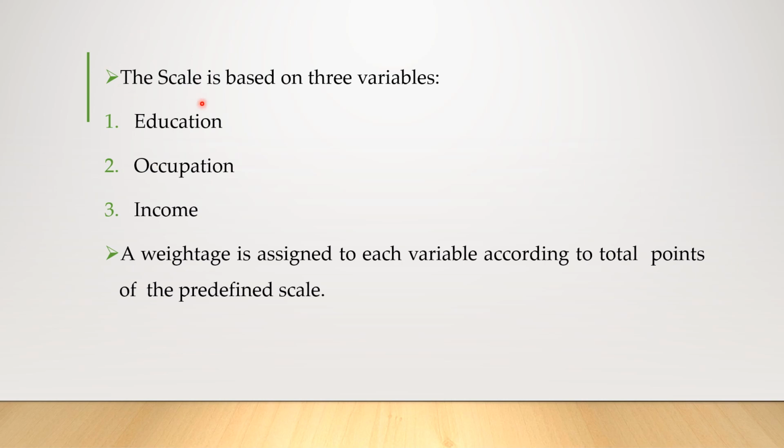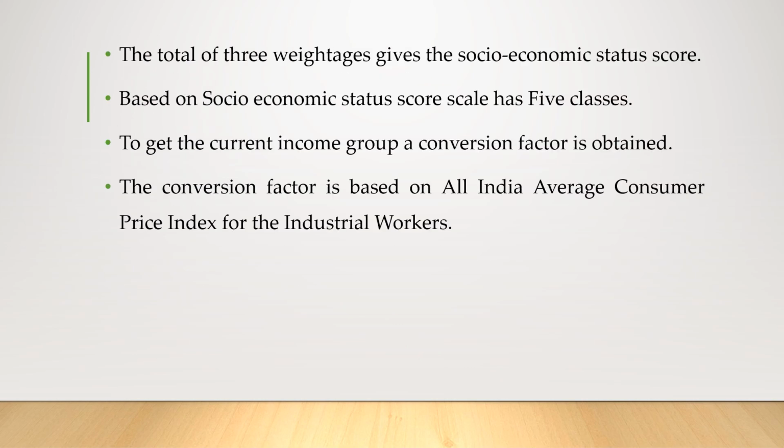The Kuppuswamy scale is based on three variables. The first variable is education, the second is occupation, and the third is income. A weightage is assigned to each variable according to the total points of the predefined scale. The total of the three weightages, one each from education, occupation and income, gives the socioeconomic status score.